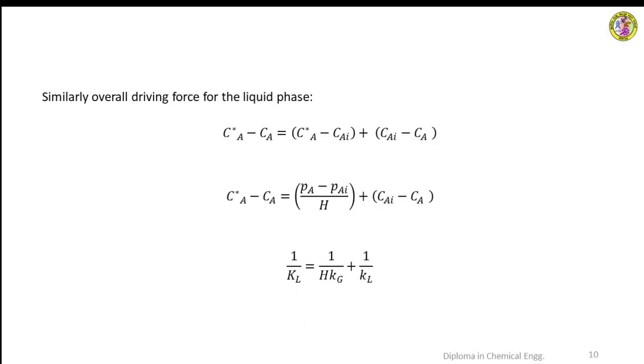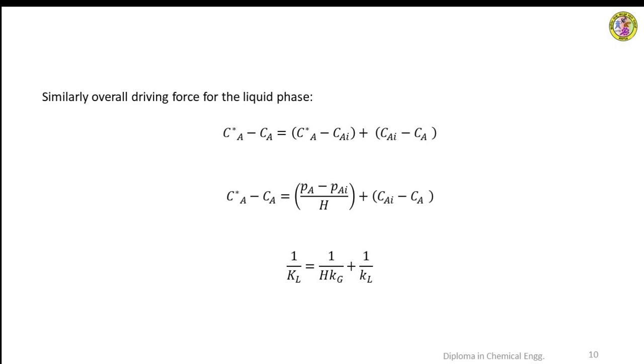We can expand Ca star minus Ca, written in the second equation, as Ca star minus Cai plus Cai minus Ca. Here also Ca star and Cai are equilibrium concentrations which can be related to Pa and Pai using Henry's law.